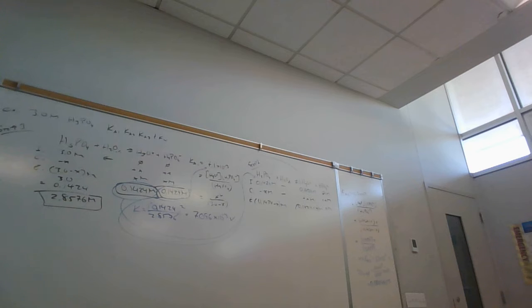So A is 1, B is going to be 0.142400063, and C is going to be negative 8.9712 e to the minus 9.